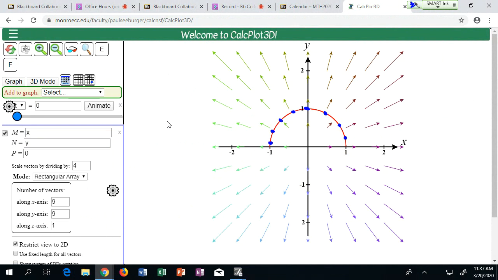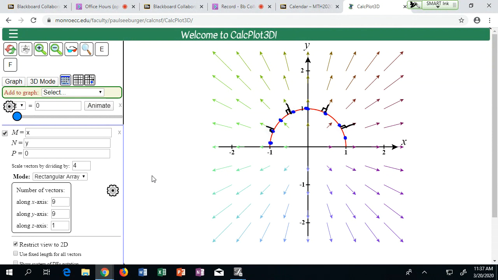I might be able to see very clearly, no, because each of these vectors is perfectly perpendicular to the curve at all points, which means, of course, it can't push the particle in the direction of the curve. So here, this vector field does nothing to help the particle move along.